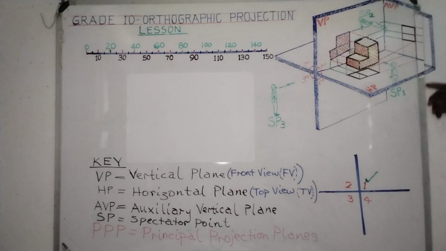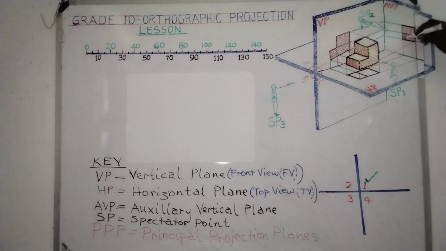So this will be known as left view in first angle orthographic projection, that angle that we are using. Let me use blue, the usual one. It's known as left view, which is abbreviated to LV. Right. So that's what we need to know about orthographic projection.